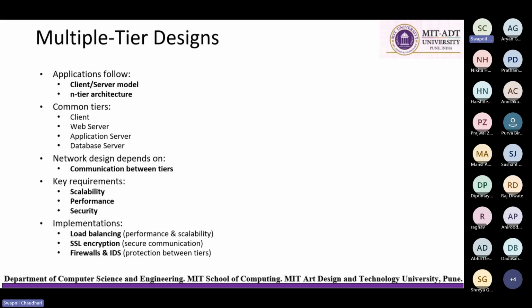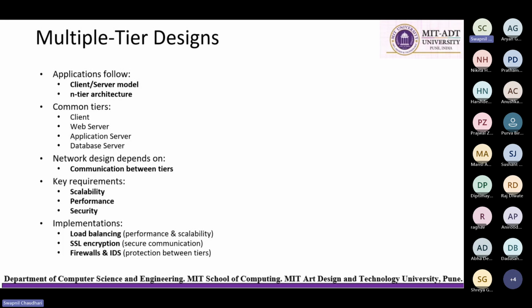Multi-tier design is widely used in modern data centers. First, the application model. Most applications follow either the client-server model or the n-tier architecture. In a client-server model, the architecture is simple, and the client communicates directly with the servers. In the n-tier model, the more advanced and scalable application is divided into multiple layers or tiers.